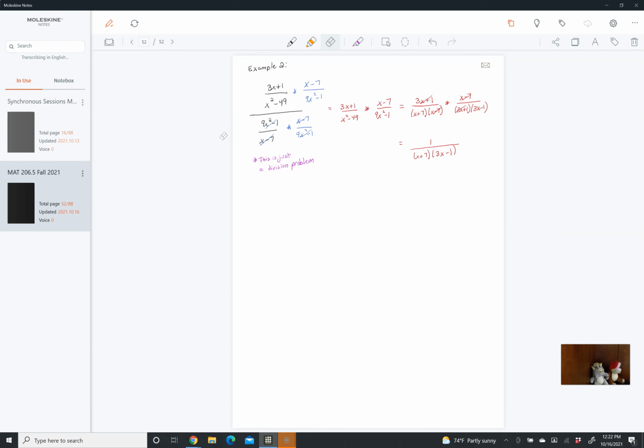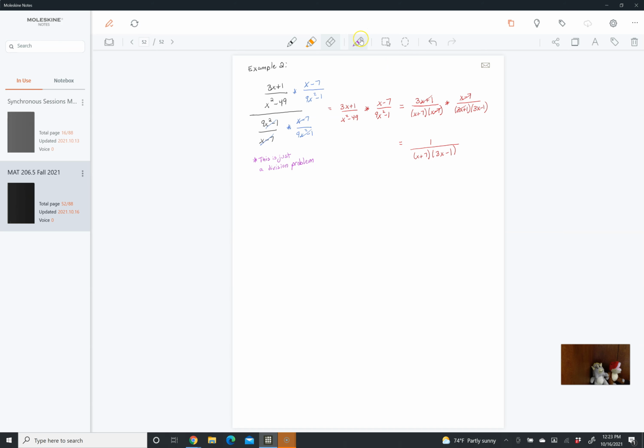Also, if you see plus signs, they never go away completely within your terms. So 3x plus 1, you're going to have a 3x plus 1 over here. So we factored. We multiplied the numerator by the reciprocal of the denominator. And then we canceled. Okay, we did it actually in the opposite order. We multiplied by the reciprocal of the denominator, and then we factored, and then we canceled.